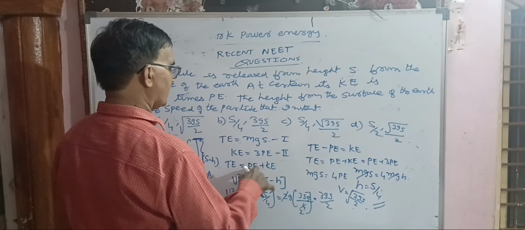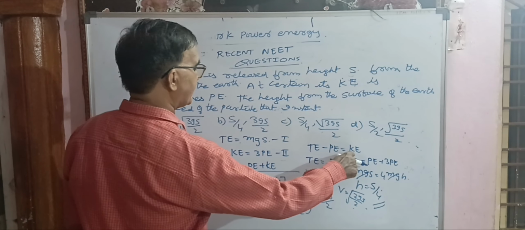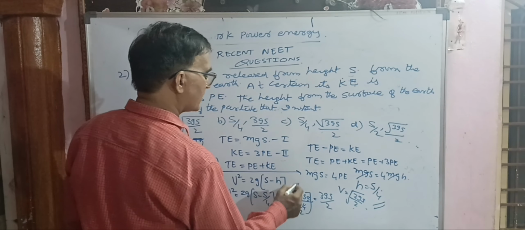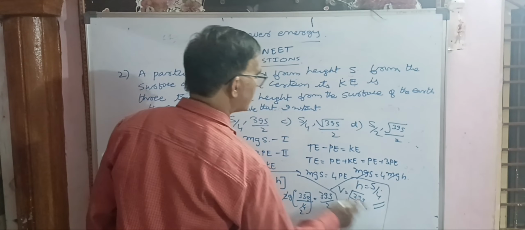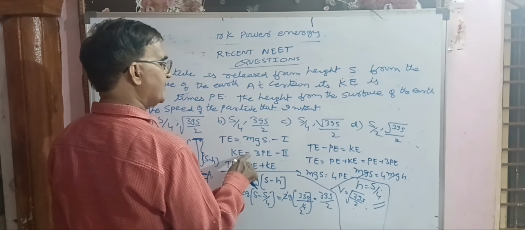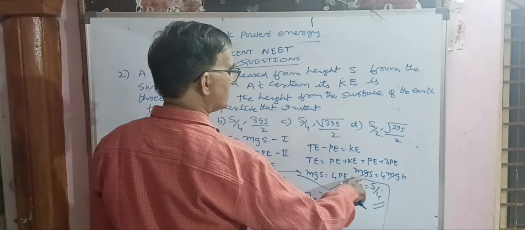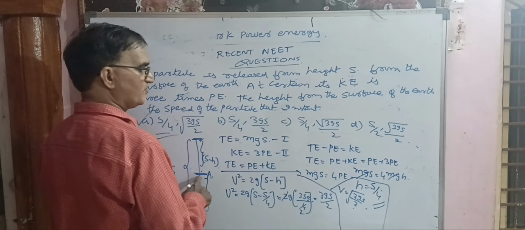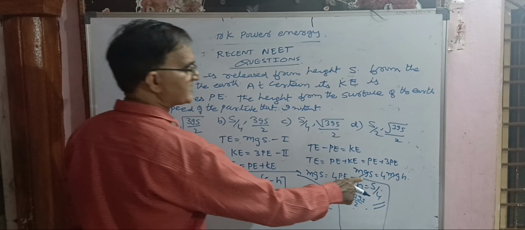So total energy minus potential energy is equal to kinetic energy. The given condition says total energy is potential energy plus 3 times potential energy. So mgs is the total energy, 4 times potential energy at the height h. So h is equal to s by 4.